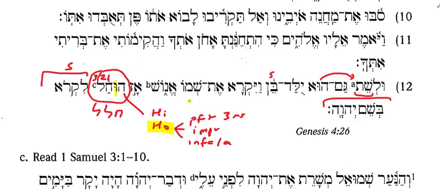And that's why most of our English translations will transform it back into an active sort of translation and use an impersonal people. People began, or men began, to call upon the name of the Lord. So there you go. That is a hofal and therefore technically passive.